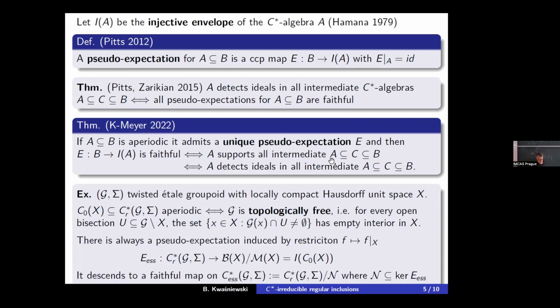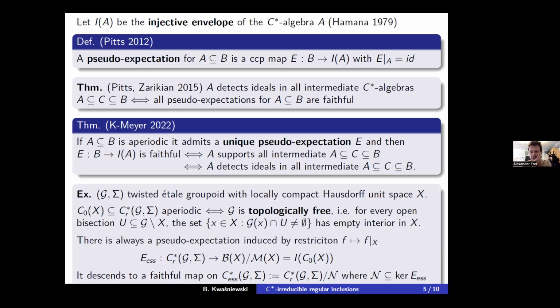But in general, we need to mod out something if we want to have a faithful map. So this is a pseudo-expectation, but in general it is not faithful. But if we pass to this quotient, it descends to the quotient, and then it is faithful. This quotient is what we call the essential groupoid. So this is just a digression.